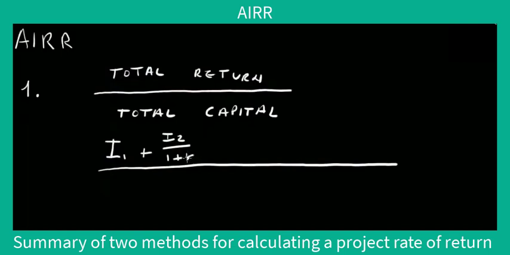The discount rate is the cost of capital, which we denote as R, plus the third income discounted by 2 periods, and so on until the last income is generated at time n. I of n is the last income, which is discounted by n minus 1 periods. The denominator is the total capital.